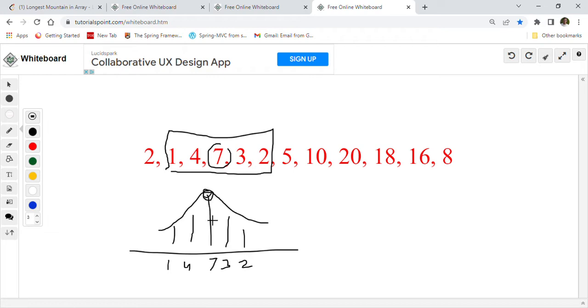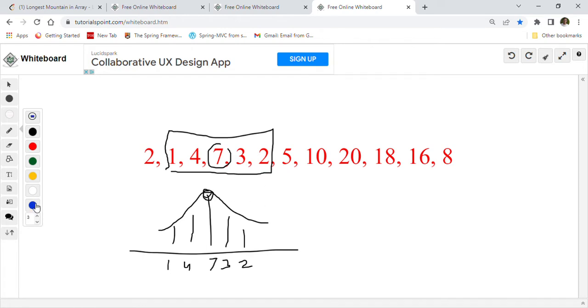That's what the mountain array means. So the expression they are saying is, these elements should follow that order. For example, they are in increasing order, 1 and then 4 and then 7, and after it reaches 7 it goes down, so it is in decreasing order, 3 and 2. So this is one mountain array.